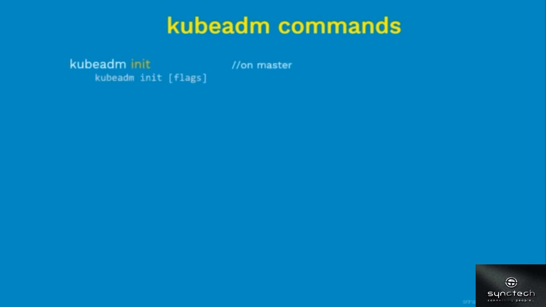In this slide, we'll go through some of the Kubeadm commands. The first command is kubeadm init. Kubeadm init will initialize the Kubernetes master node. So run this command whenever you want to configure a node as the master node. Next, we'll look at the kubeadm join command. Kubeadm join will initialize the worker node.